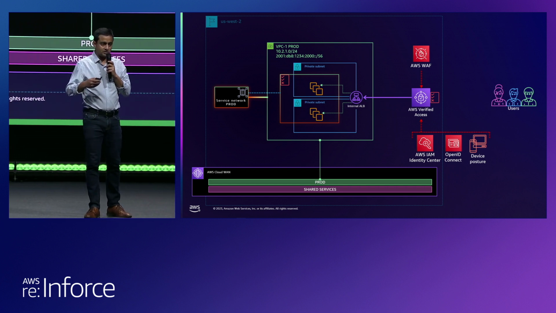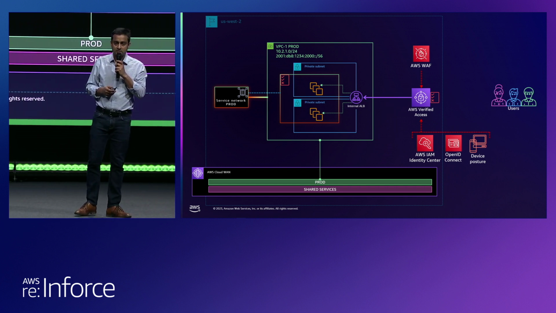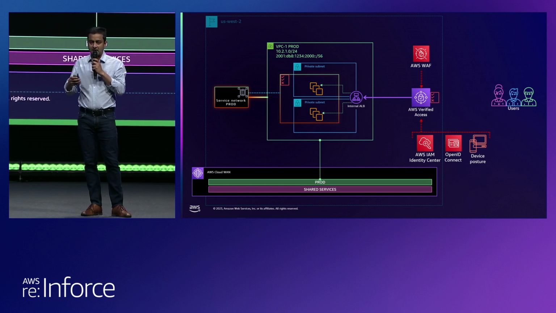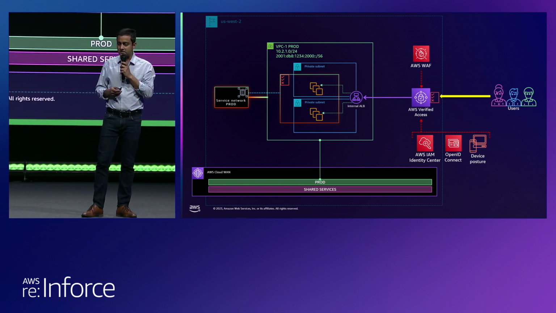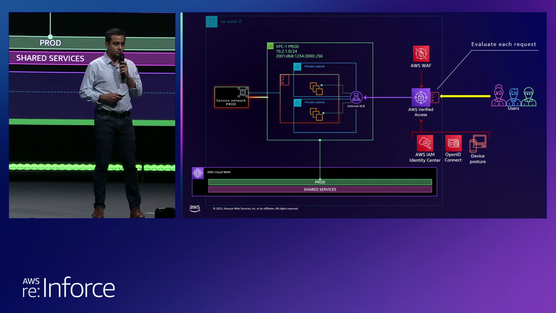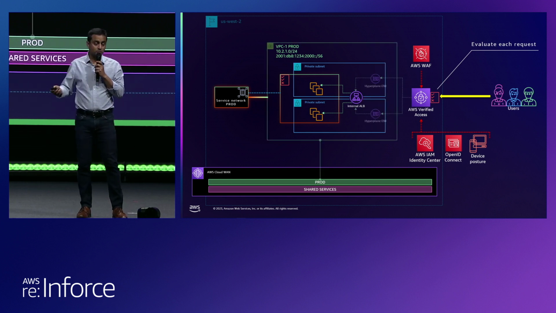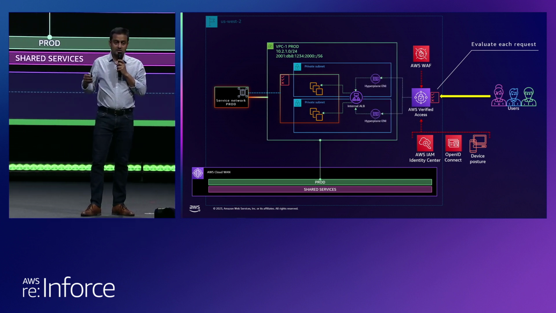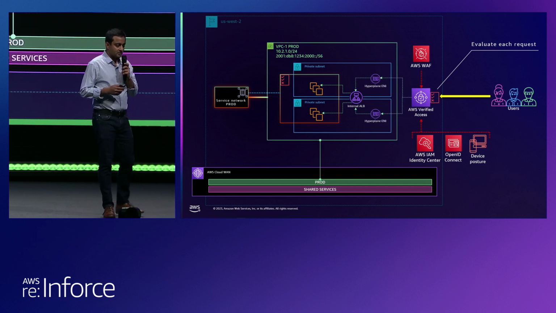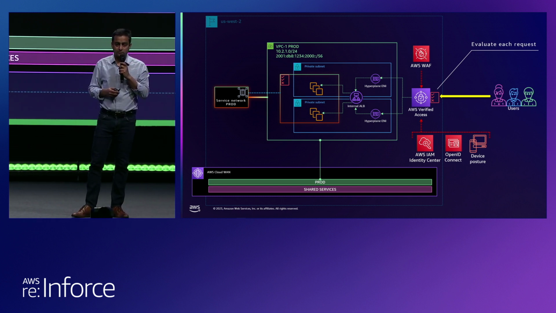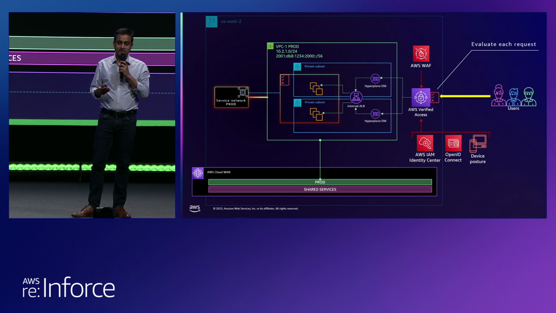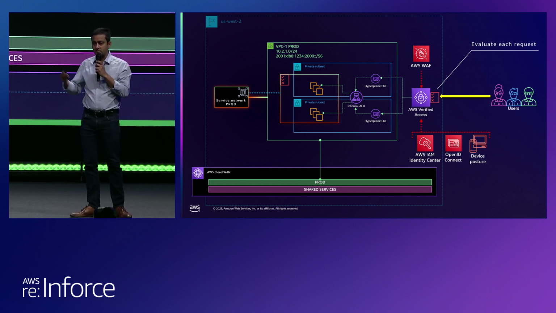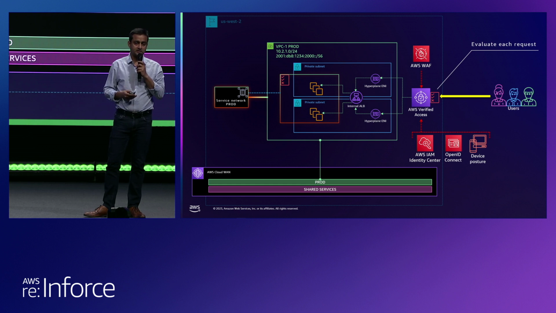We already talked about how you integrate with your identity providers and device management providers. Whenever users send a request, it evaluates the request based on your policies and then allows the users to go in. But here is one more cool thing I want to talk about. You have already done quite a bit of networking with Cloud WAN and Lattice. On the back end, to connect to your application, you don't need to do any networking to connect AVA to your application.